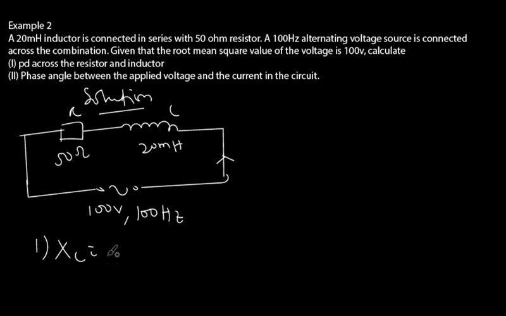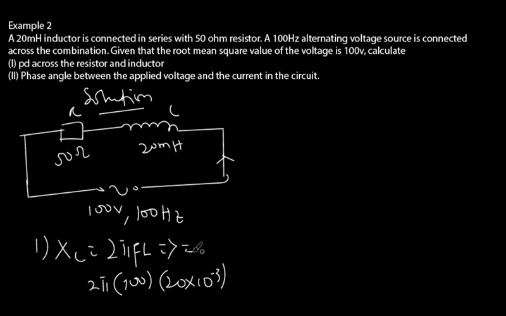XL is 2 pi FL. So this is 2 pi, the frequency is 100, and then the L is 20 times 10 raised to the power minus 3. If we punch this into the calculator, the value for XL will give us 12.57 ohms.